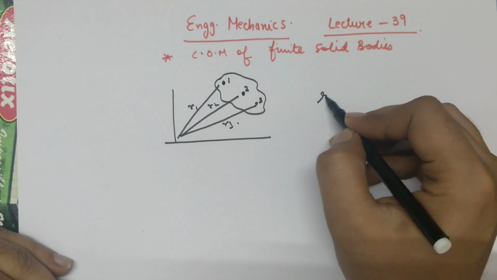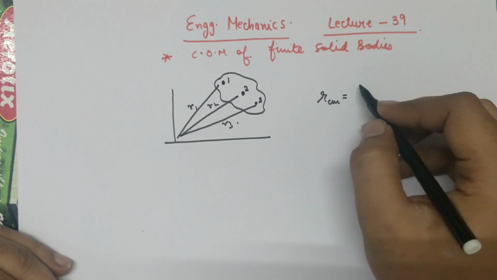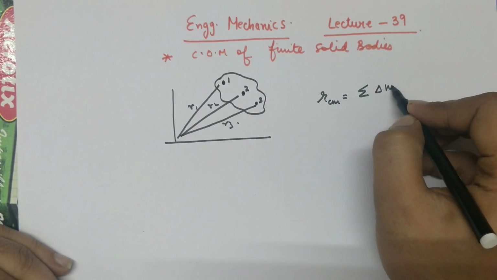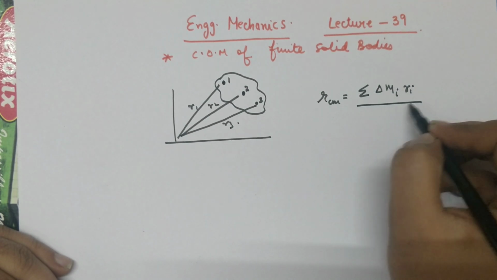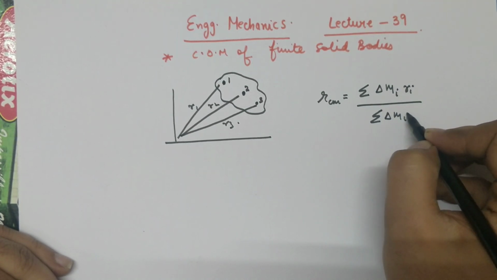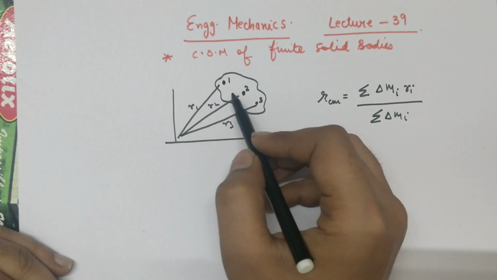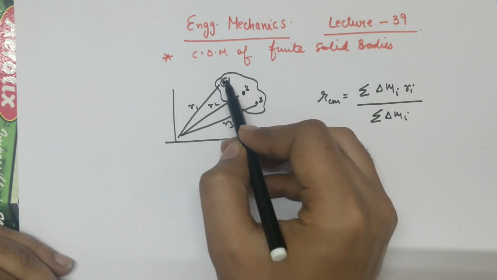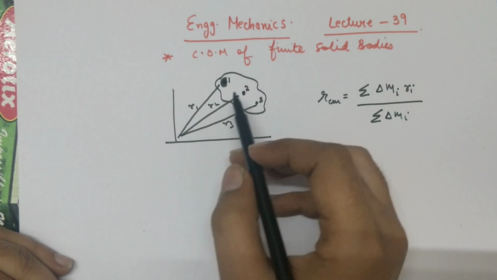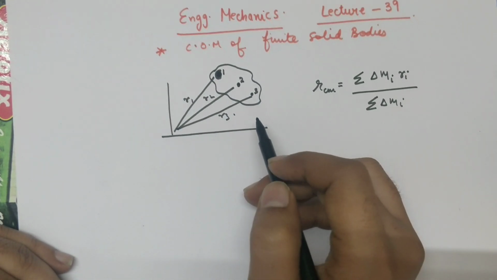We have already discussed that RCM equals summation m r upon summation m, and these masses are small masses. Okay, so this was RCM.